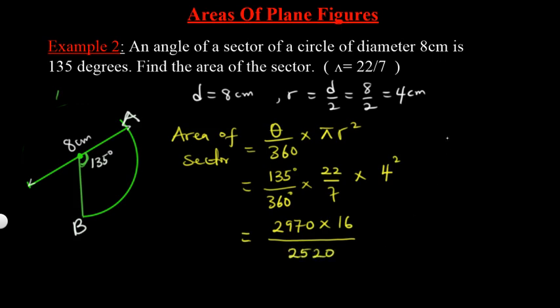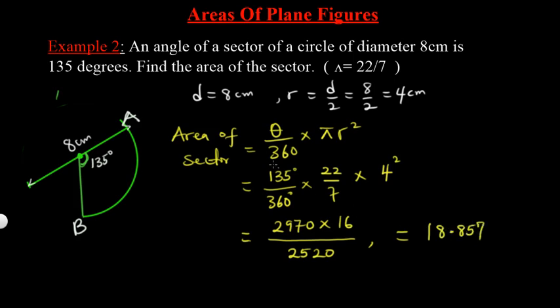2520. So from here, with the help of our calculator, we work things out by saying the numerator, which is 2970, is multiplied by 16. Then we divide whatever it gives us by 2520, which is the denominator, and we are left with 18.857.